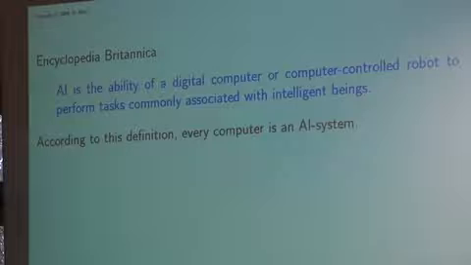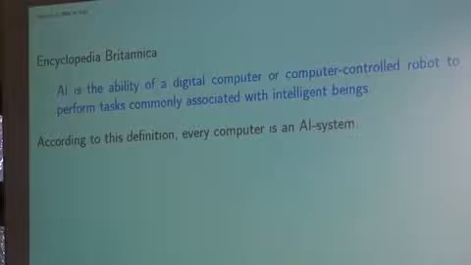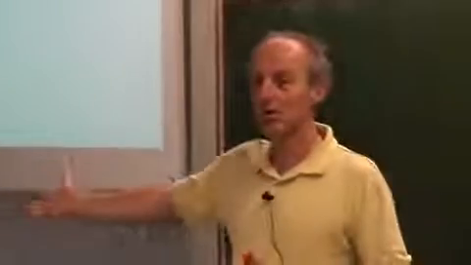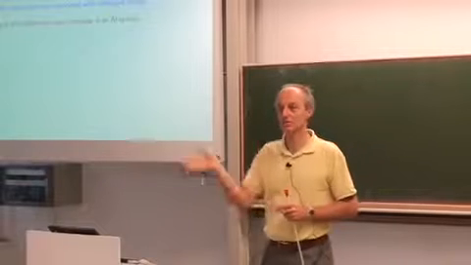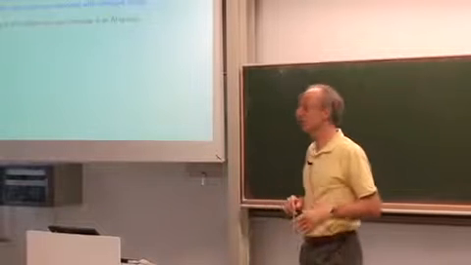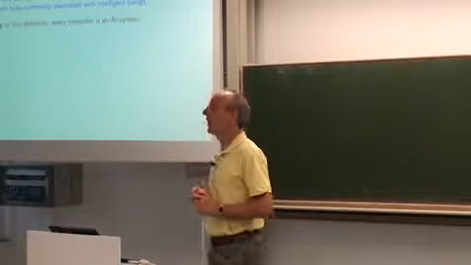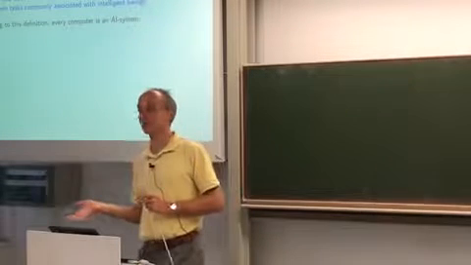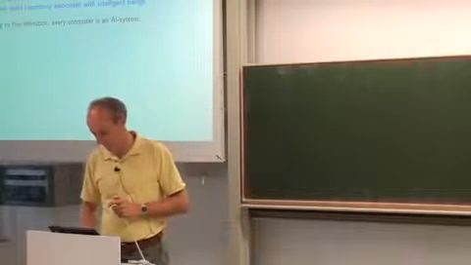But according to this definition, every computer is an AI system, because doing sophisticated mathematical calculations is commonly associated with intelligent beings. Playing chess also. And actually, computers play chess very well, I guess better than everybody in this room. Even the simplest PC chess software. So we might even conclude that these computers are more intelligent than we are. So this is not perfect either.